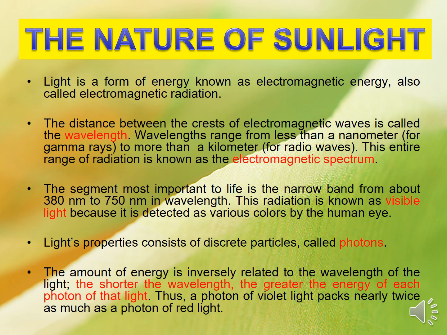Because using this spectrum, from 380 to 750 nanometers of wavelength, you are able to see different colors using your naked eyes. All the colors detected by your eyes are because you absorb the wavelengths of 380 to 750.